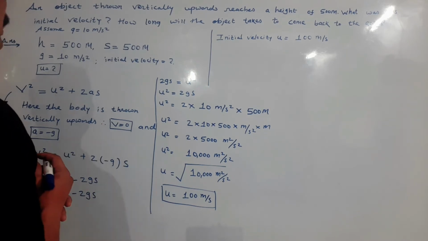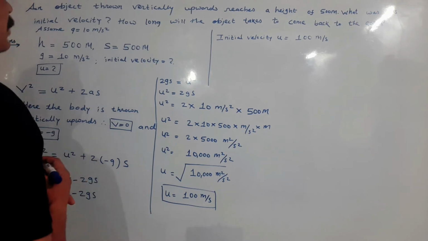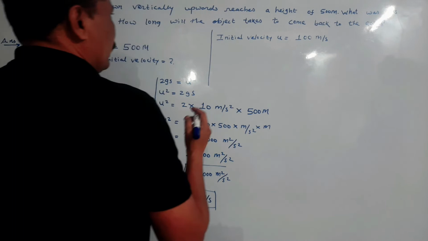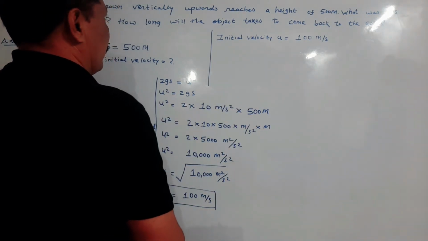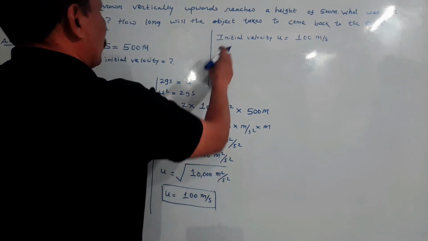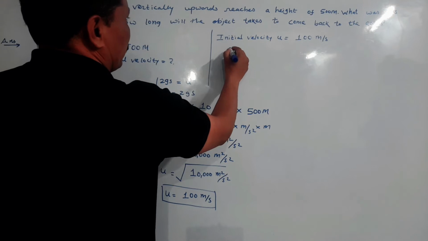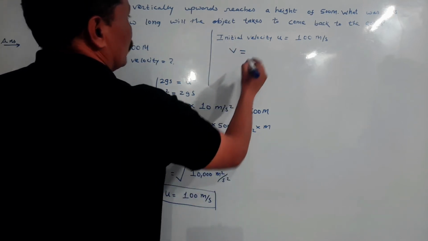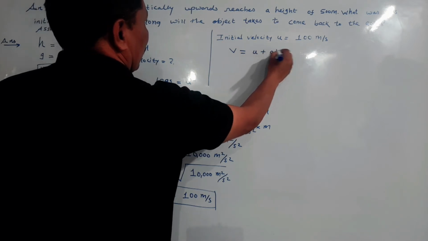So again we are going to take information from one of the kinematical equations and try to find out t. And here we have to see the velocity and time relationship. Now my dear student, we know one kinematical equation which tells us the relationship between velocity and time, that is v is equal to u plus at.